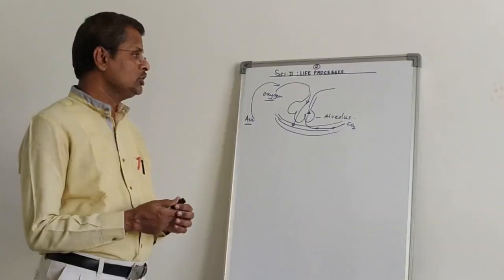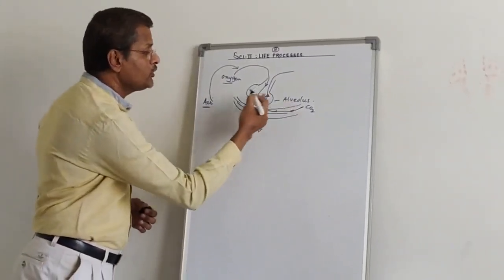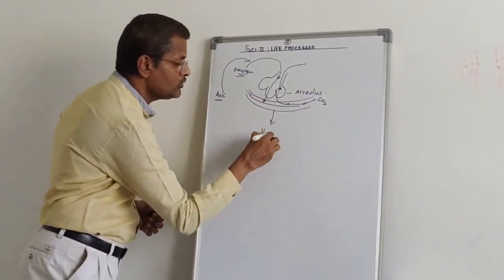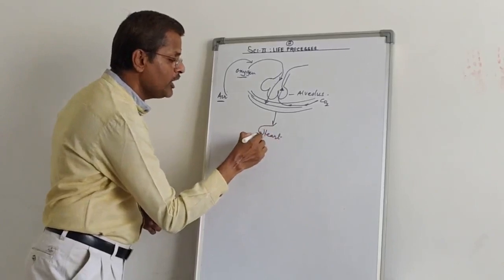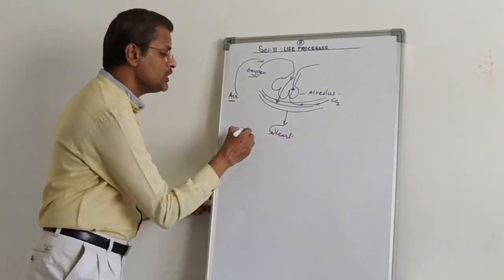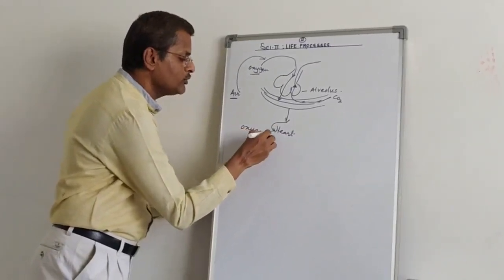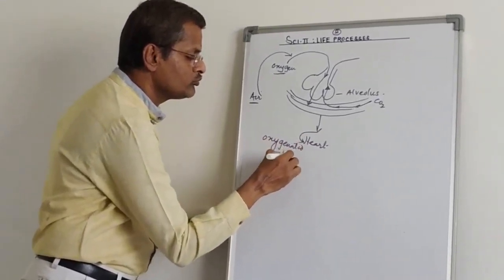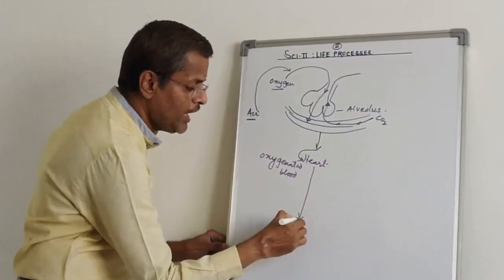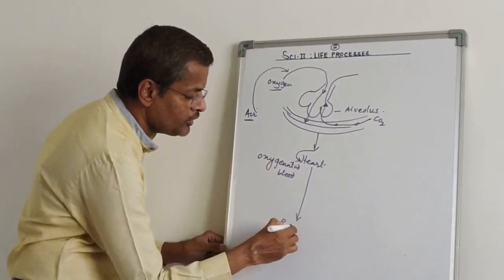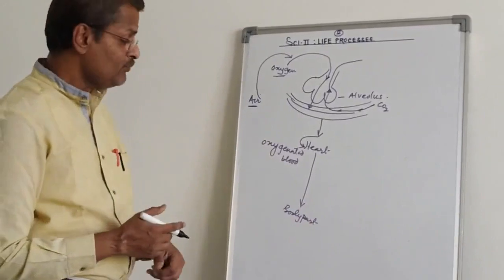These capillaries bring blood with oxygen into the heart. Now this blood full of oxygen is called oxygenated blood, and this oxygenated blood is supplied to different body parts through the circulatory system.